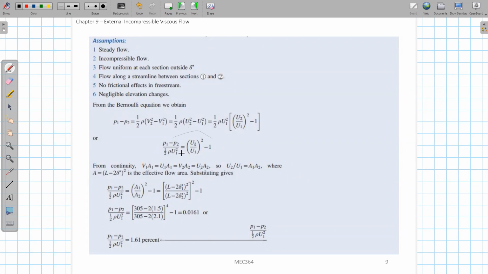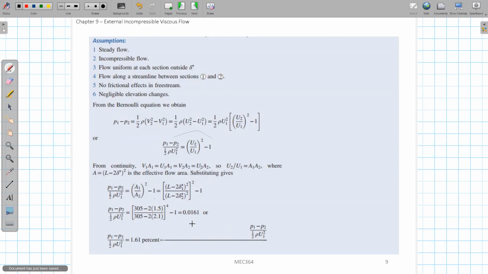Substitute this U2 value from the continuity into here, and you get this result. It shows that the pressure drop can be calculated directly from delta 1 star and delta 2 star. Substitute the values into it, and you can calculate the pressure drop.